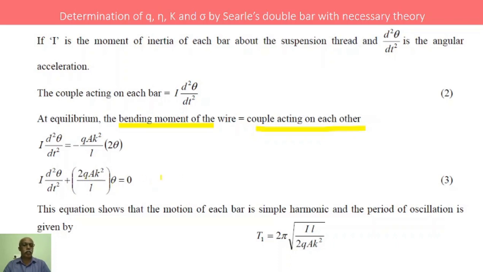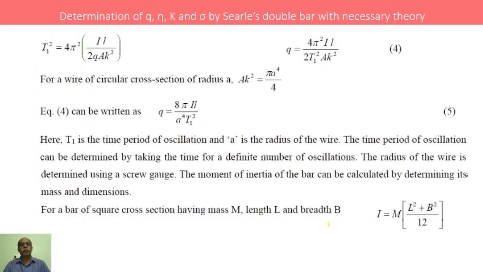As the two equations are similar, it is clear that the motion of the bars is simple harmonic in nature, and the period of oscillation of the bars is given by T1, and comparing with the standard expression and simplifying, we get T1 equals 2 pi root of I L by 2 Q A K square. So T1 square equals 4 pi square I L by 2 Q A K square, and rewriting this, we get the expression for Young's modulus, Q equals 4 pi square I L by 2 T1 square A K square.